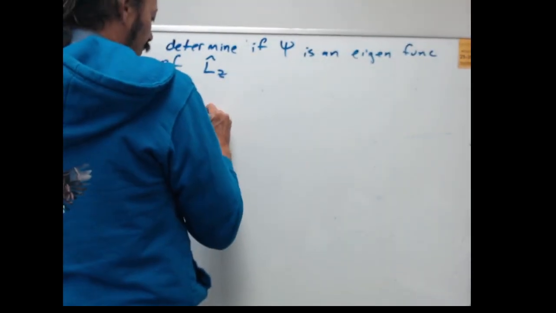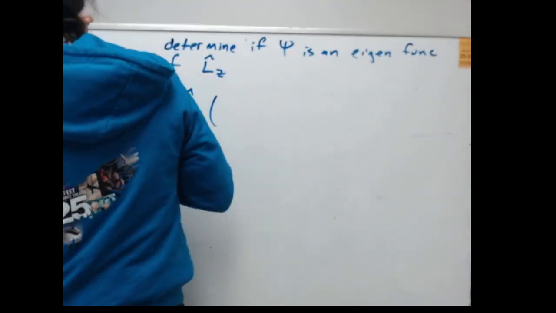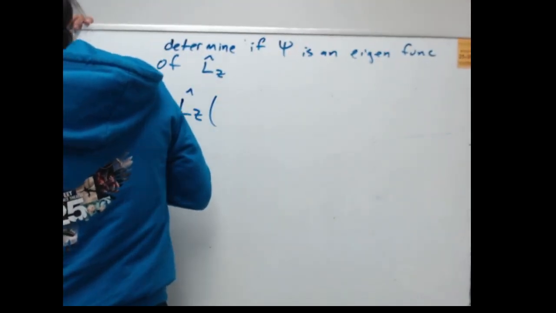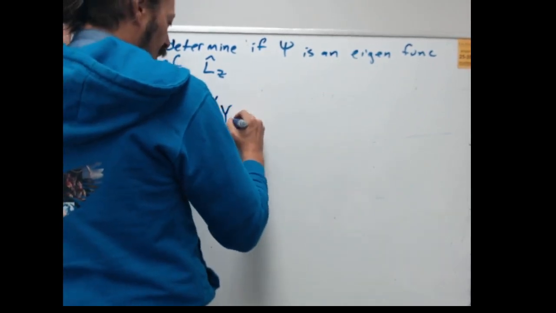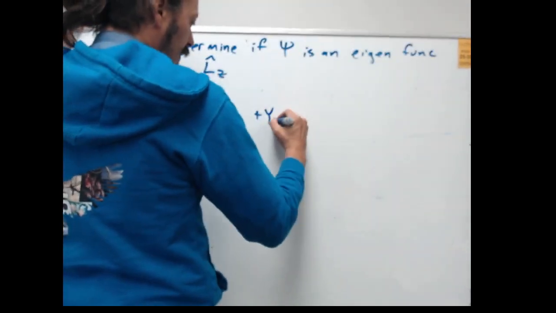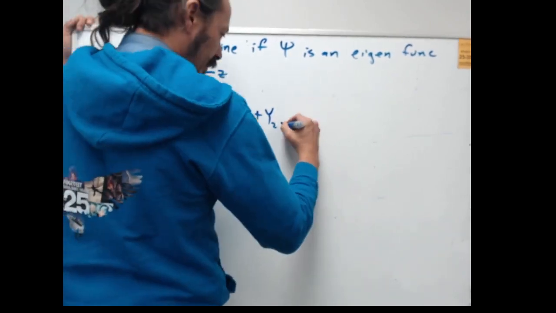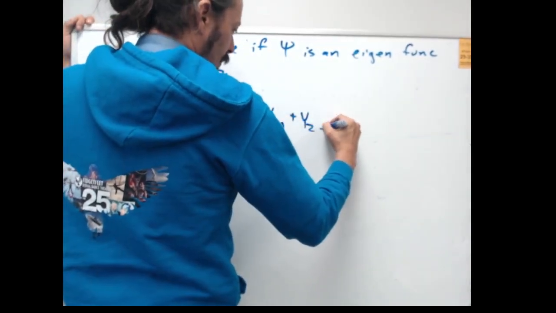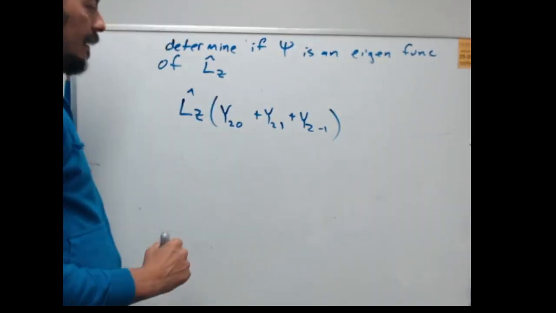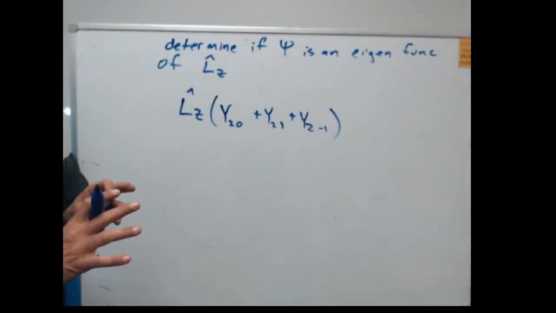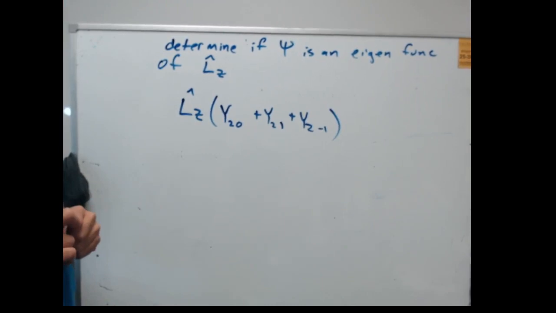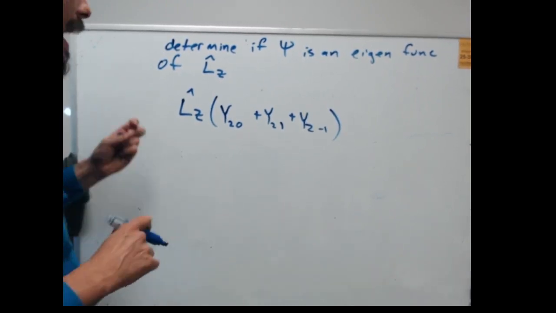So I'm going to have LZ operating on y20 plus y21 plus y2 minus 1. And I can already tell I'm going to have a problem here. I don't think this is going to be an eigenfunction, but let's see what happens.